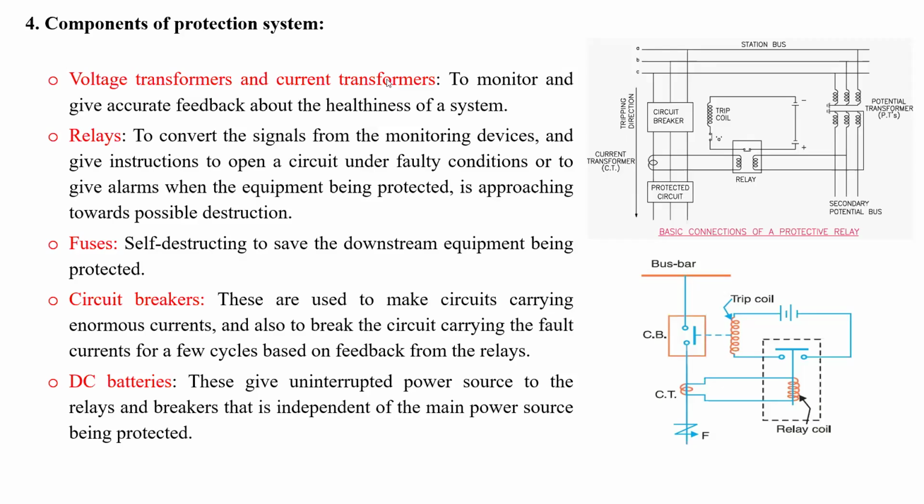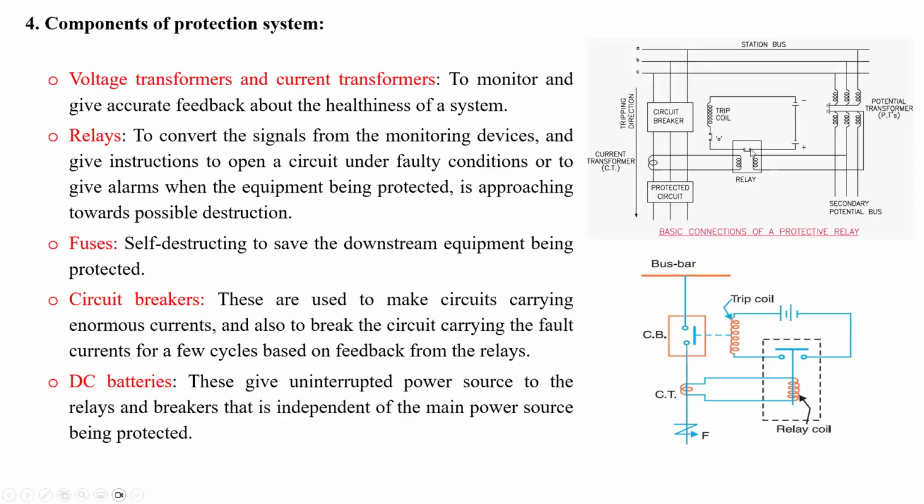Similarly, for current transformers, if the primary line current is 4000 amps, you can't connect your metering equipment directly to this 4000 amps, so we convert from 4000 amps to a 1 amp or 5 amp secondary, and the secondary current is connected to your relay.